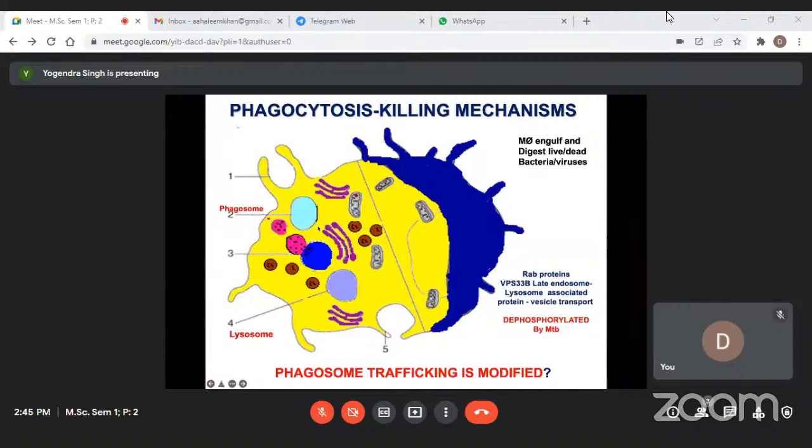Maybe I'll try to explain this in another way also: when something is phagocytosed by macrophages, they reach their destination, the lysosome, and this is a fixed pathway guided by proteins and modifications.